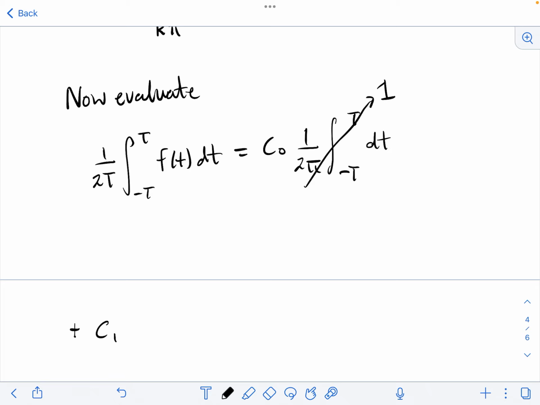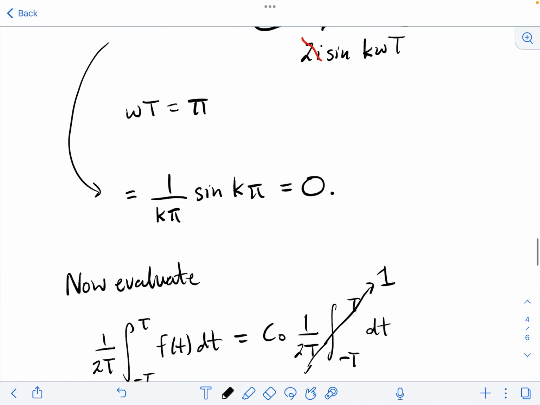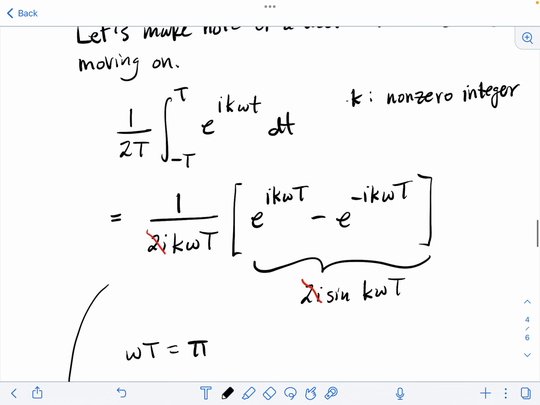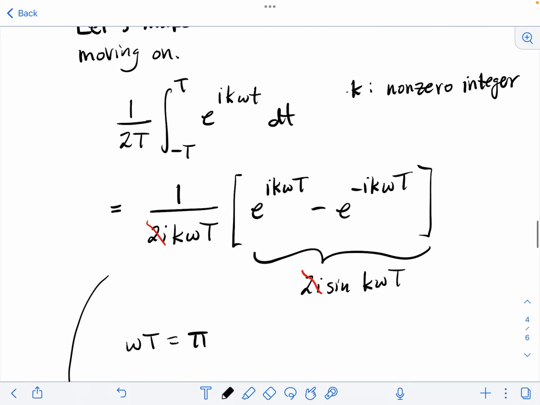So then we have plus c_1 times 1 over 2T, the integral from minus T to T of e^(i omega t) dt. Sorry, I wrote pi again; these are 2 T's. But by the argument that we just made above, the integral of e^(i k omega t), where k is a non-zero integer, always vanishes.